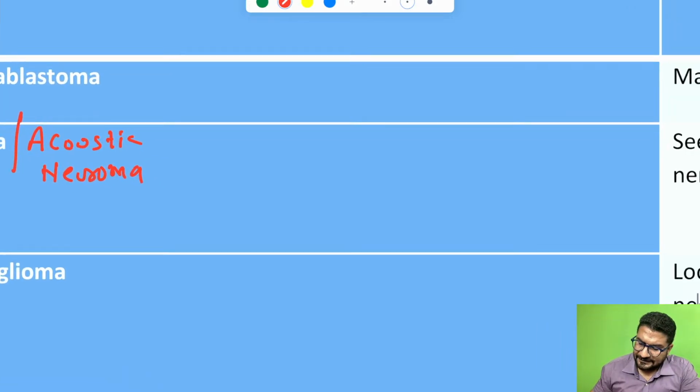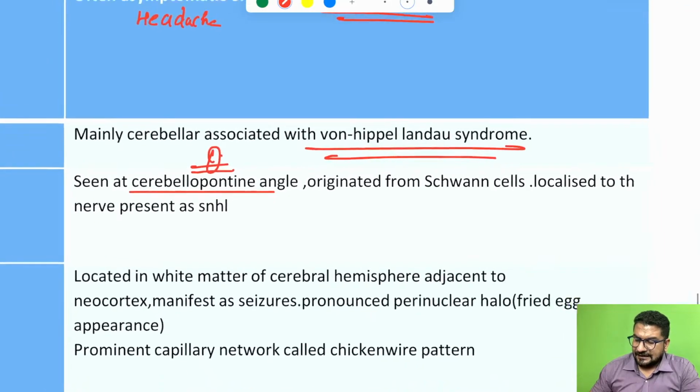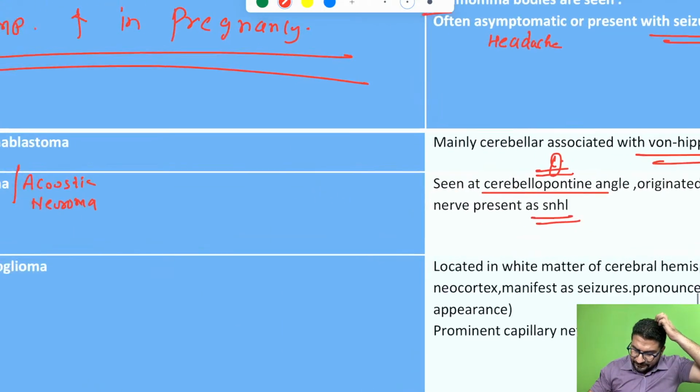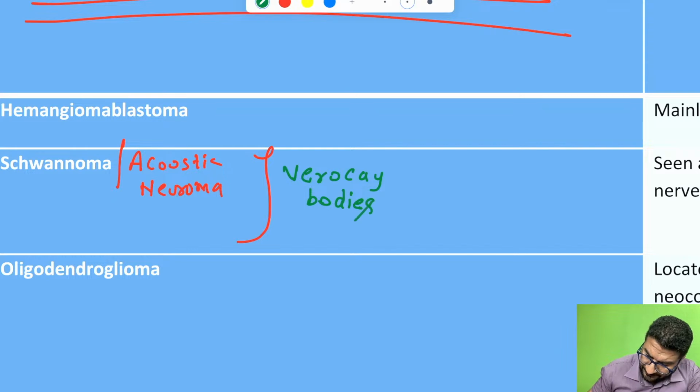This is the most common CP angle tumor, cerebellopontine angle tumor, right? And this affects your vestibulocochlear nerve, so the patient will have sensorineural hearing loss. There will be SNHL. Now coming to schwannoma, if you do biopsy, you will find Verocay bodies, and these Verocay bodies will have two patterns.